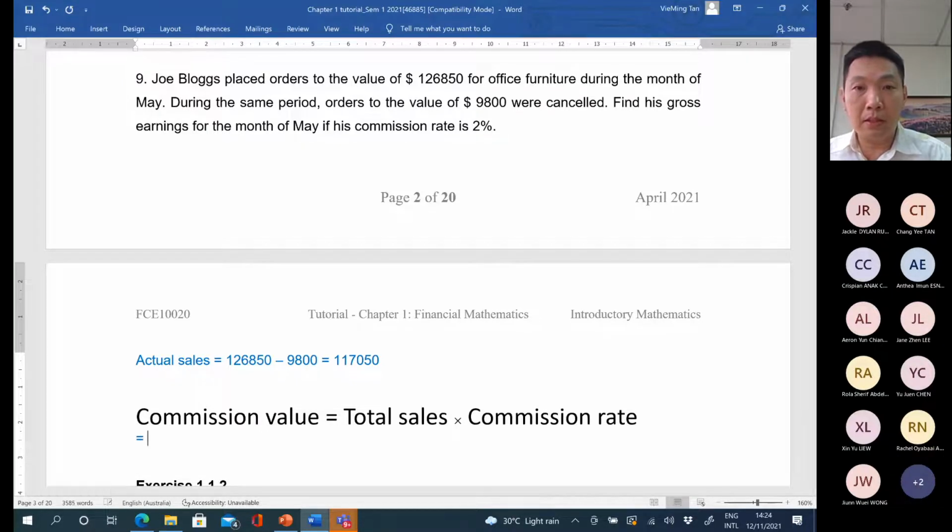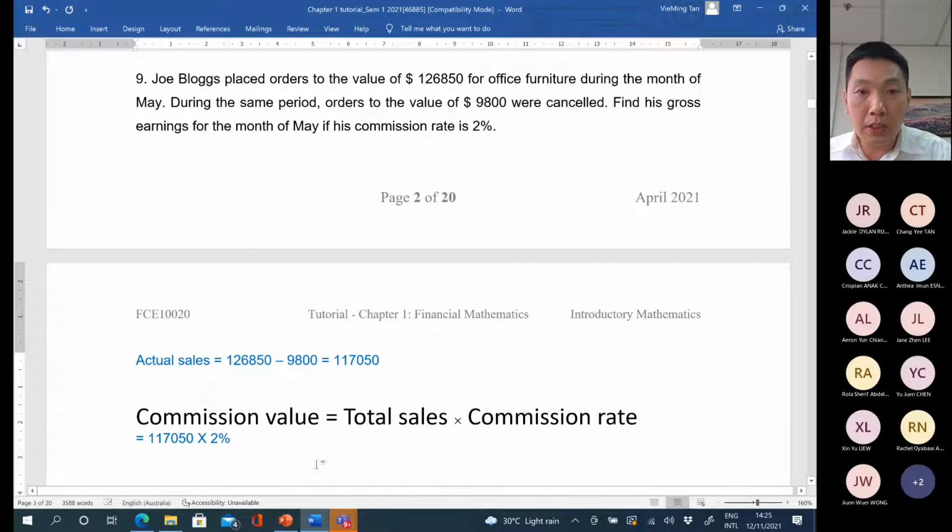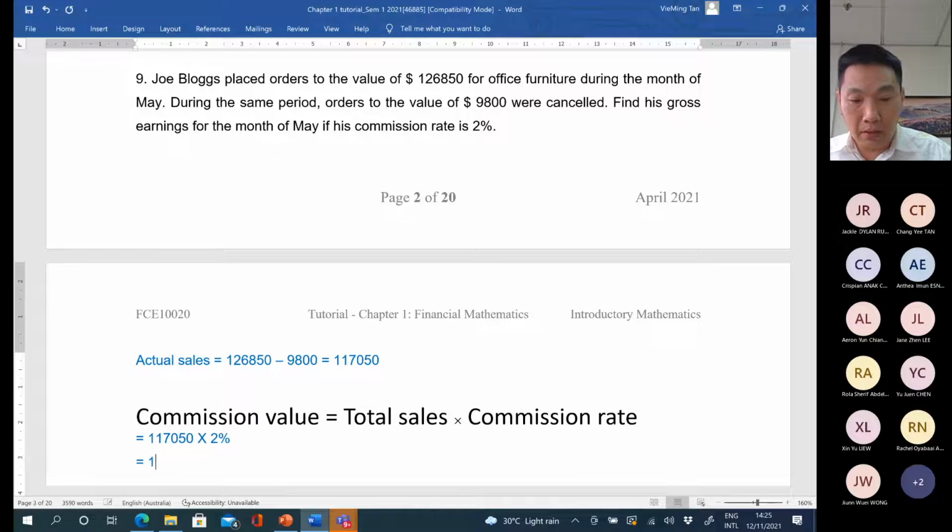So the answer is total sales, 117,050, multiplied by the commission rate of 2% only. If you're not confident, you can put 2% first, and then change this 2% into a decimal number, 0.02. So we do it step by step.